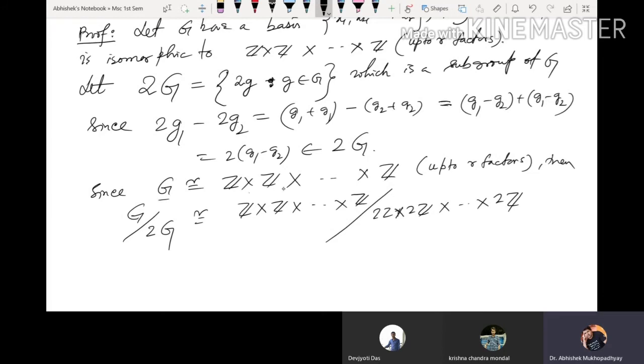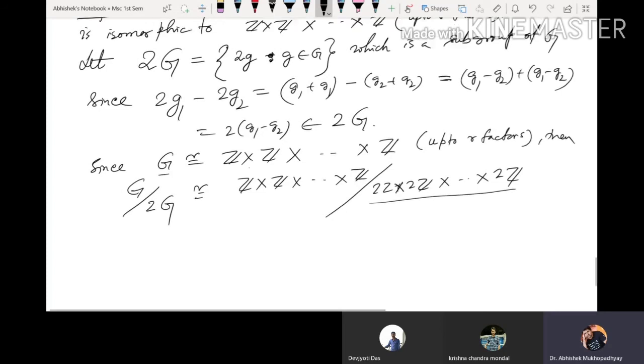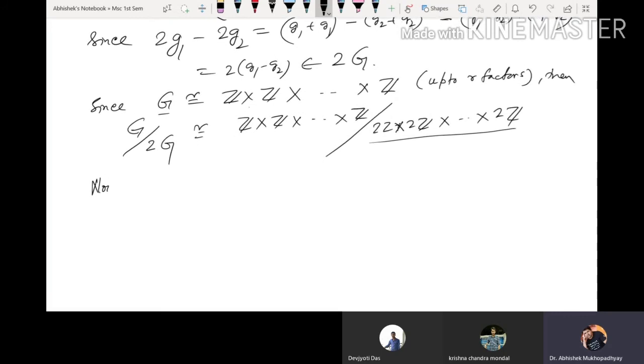Since G is isomorphic to Z cross Z cross Z, you can define a map from 2G to 2Z cross 2Z cross 2Z, and this map will again be an isomorphism from 2G onto 2Z cross 2Z cross 2Z up to R factors. Now what is Z cross Z cross Z quotient by 2Z cross 2Z cross 2Z?